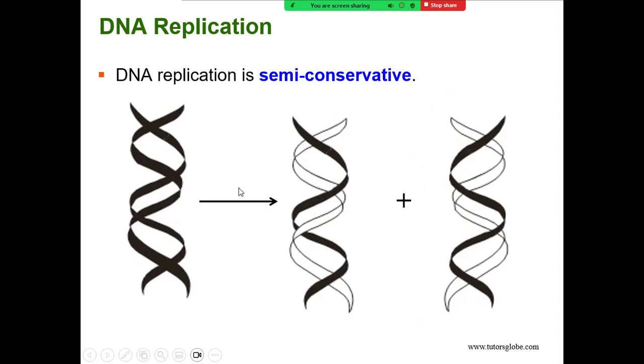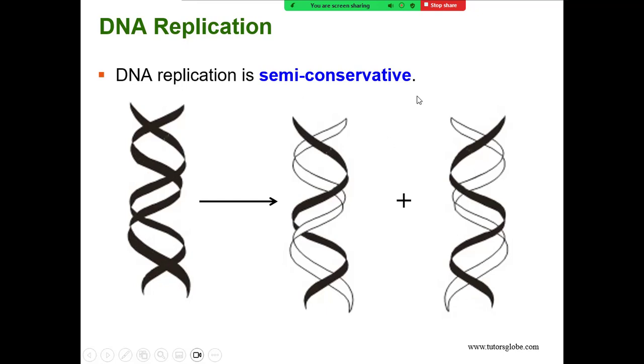The conservative model would be that one cell would have the old parental dark strands, and then the new or dividing cell would have both white strands of DNA.